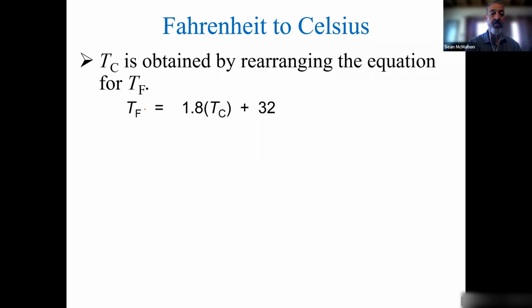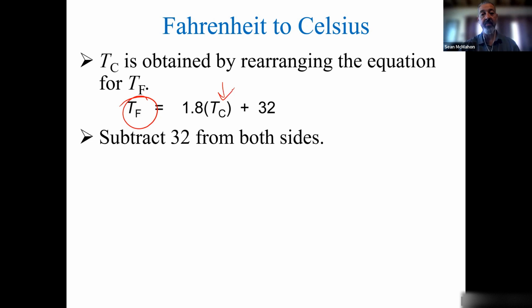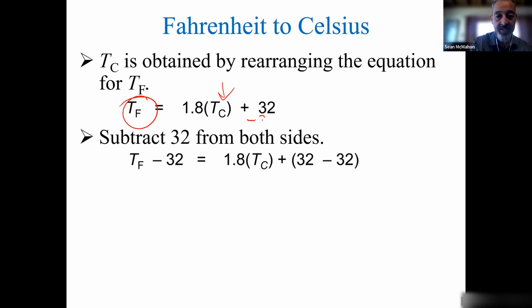If I need to rearrange this to convert from Fahrenheit to Celsius, well, how do I do that? I'm going to subtract 32 from both sides. Really, I should have just written minus 32 here, minus 32 here. This cancels. And then when that cancels, I'm left with 1.8 times my Celsius temperature, because again, Fahrenheit moves more rapidly, and then TF minus 32.